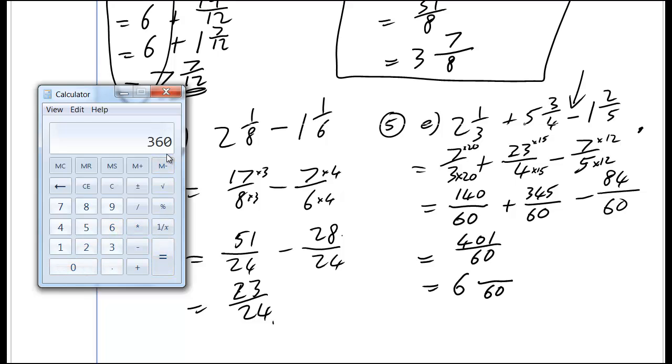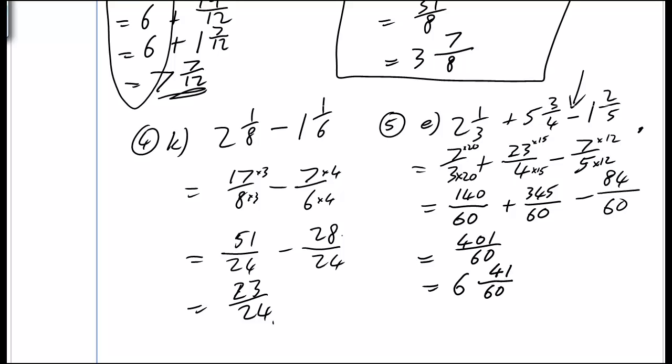So if we go 401 take 360, we'll get the remainder. So 401 take 360 equals 41. So it'll be 6 and 41 over 60. And there's our answer. I don't think that can be simplified anymore.